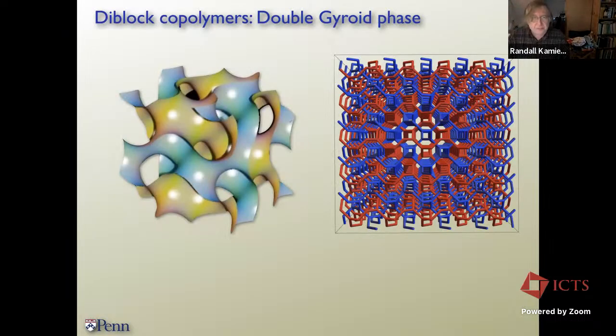Okay, so here's the gyroid. I want to go back to the gyroid and remind you of some amazing things about it. The gyroid was, I told you, discovered by Alan Schoen in the late 1960s as this intermediate state between the P surface and the D surface.